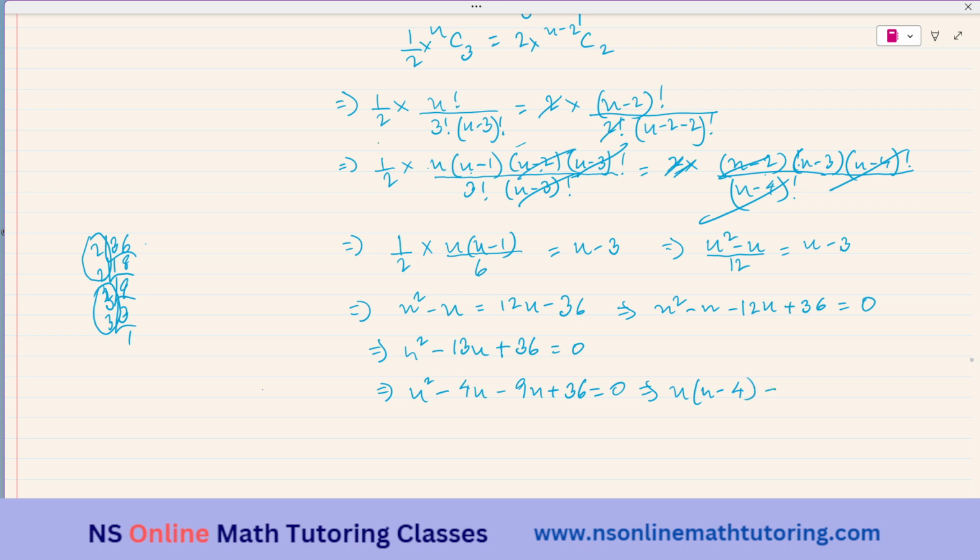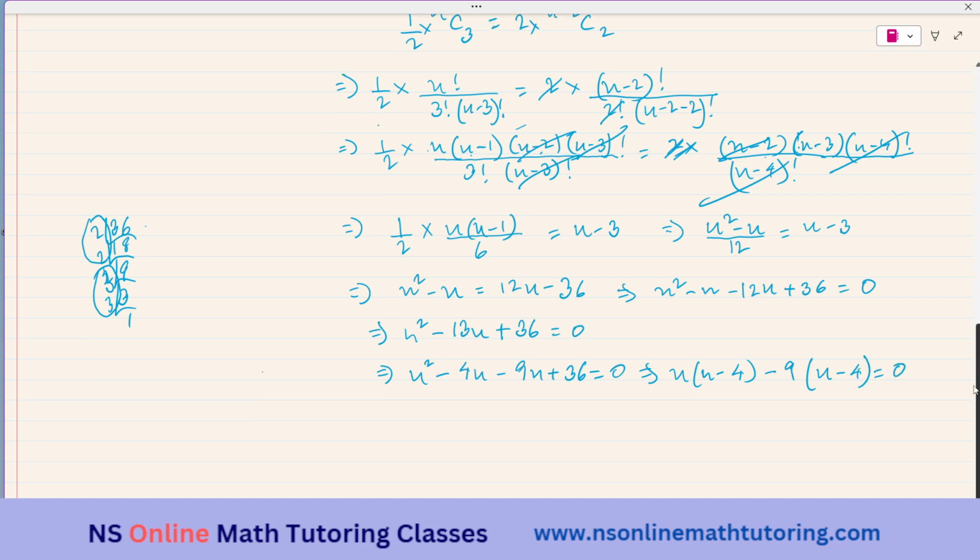And for the next two terms, I'm taking out the minus 9 as the common factor. It is n minus 4 equal to 0. So this is n minus 9 and n minus 4 equal to 0. Therefore, n is equal to 4 or n equal to 9.